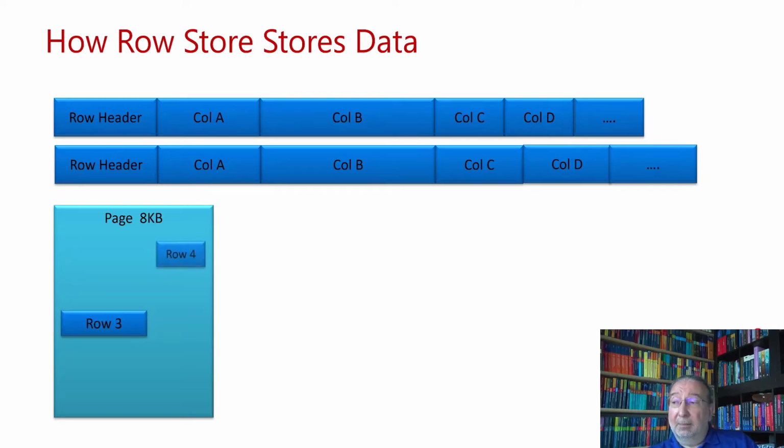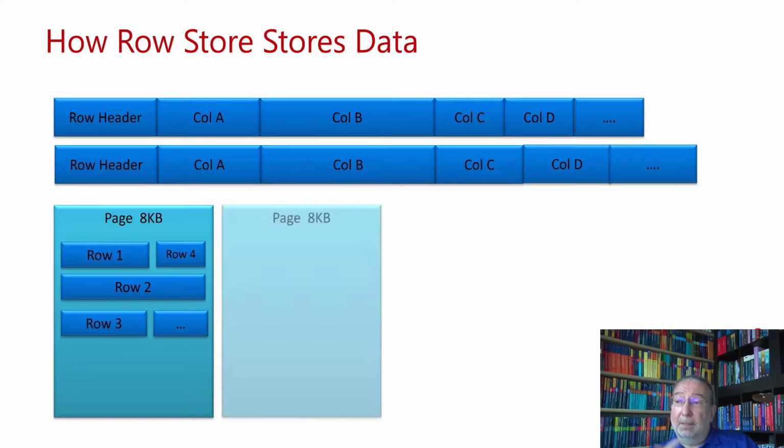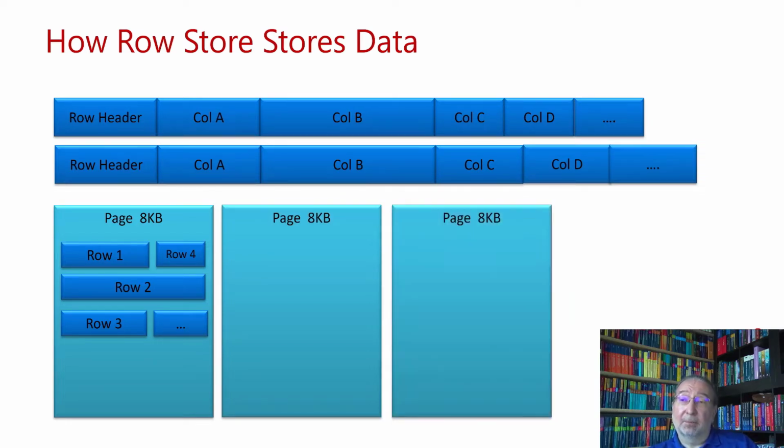But then basically the rows are in random order on the page, however they fit. And then there's a little slot array at the bottom of the page that points to where the rows start so that SQL Server doesn't have to scan through the page every time to find a specific row. And then the next row and the next page and the next page, and they all look the same.